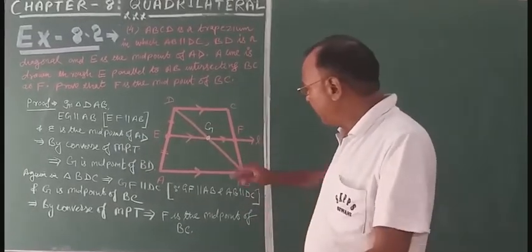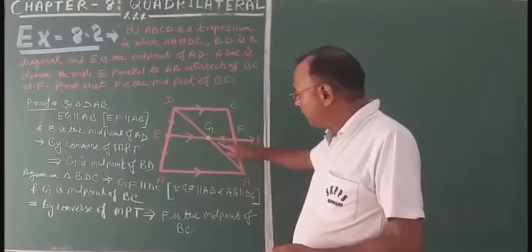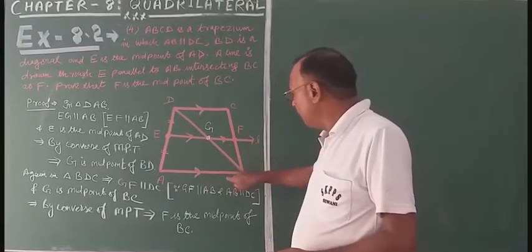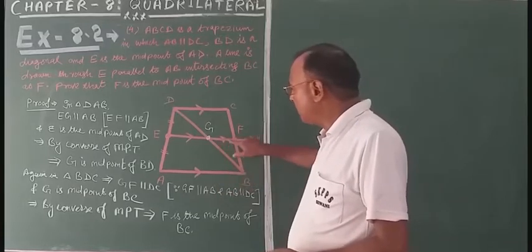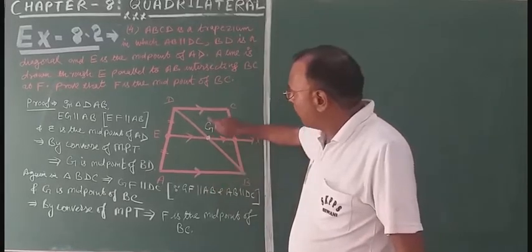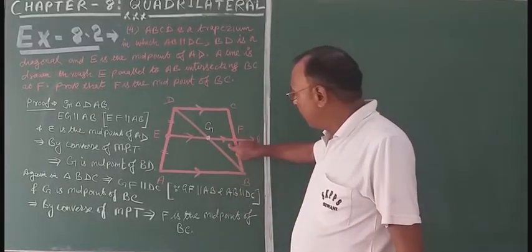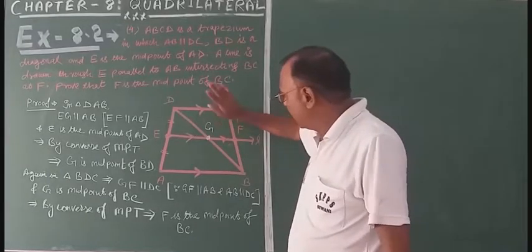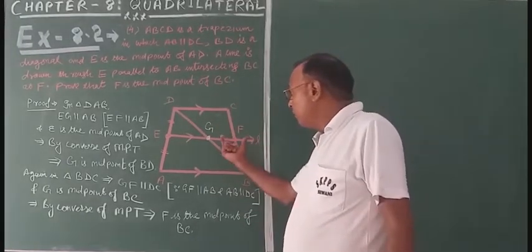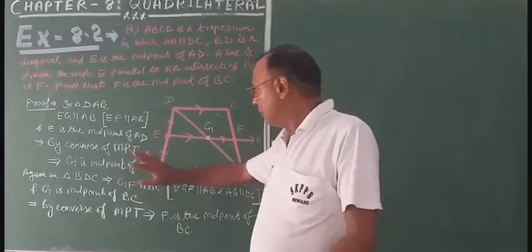Again, in triangle BDC, this line GF was parallel to AB because GF is a part of line L, and AB was parallel to DC. Therefore, finally, GF will be parallel to DC.